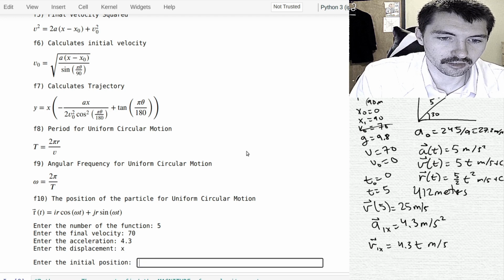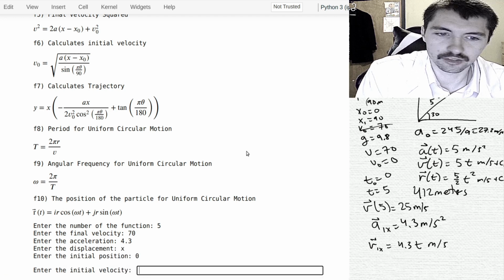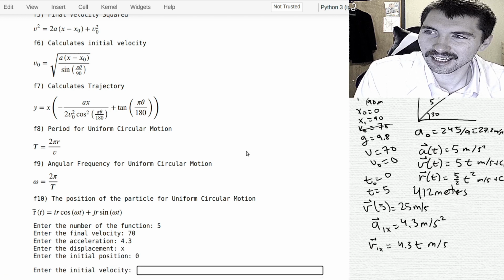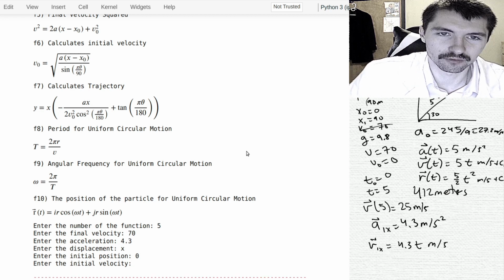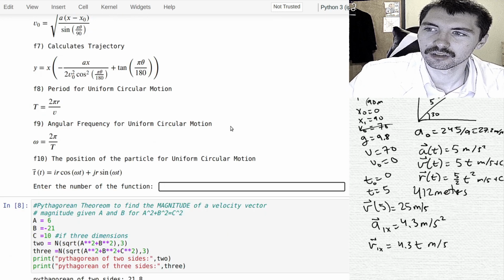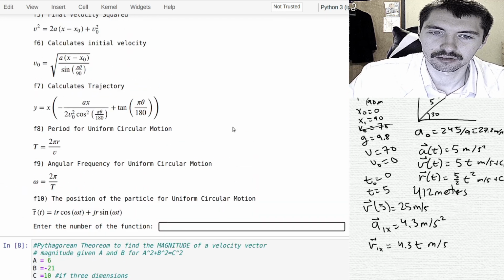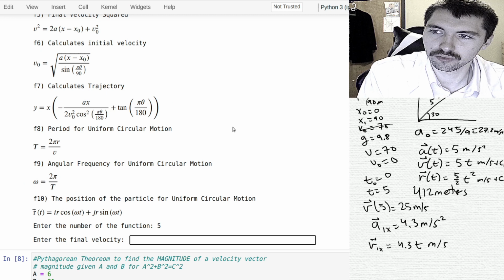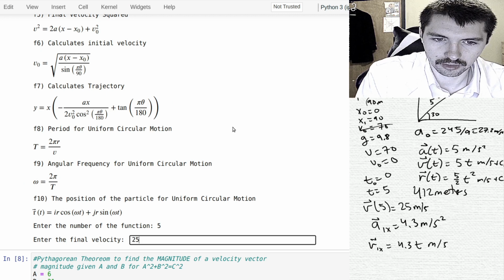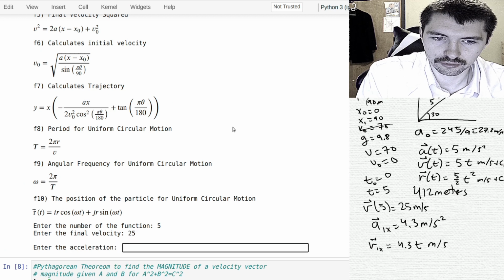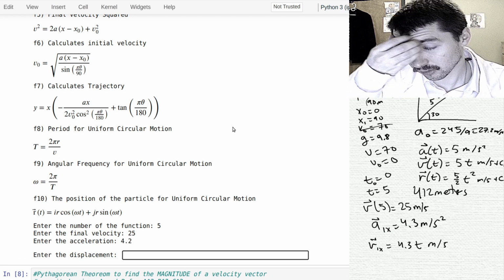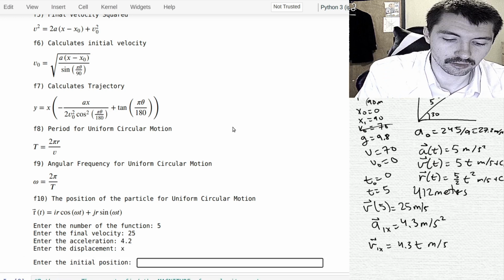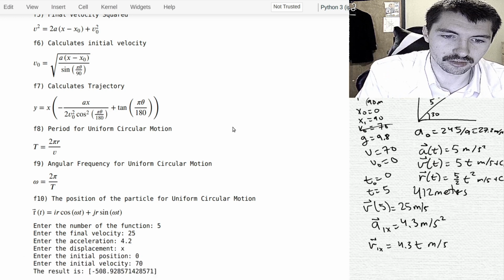Displacement is what we're finding. 0 initial velocity. Okay, we need to redo this. Okay. Equation 5. Final velocity is 25. Okay. 25. 4.3. Close enough. x0. Initial velocity is 70.